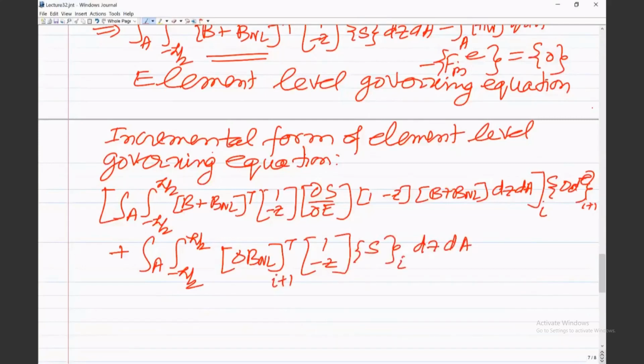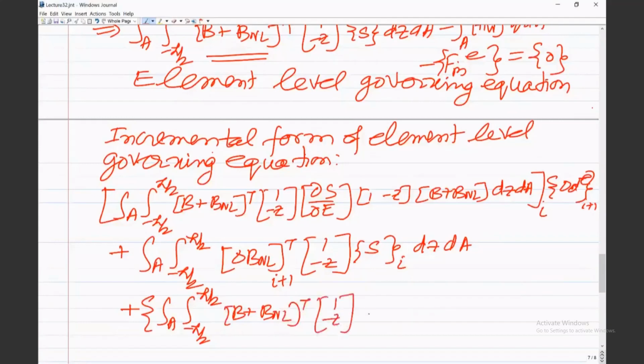So that's one term. And then of course the very first term of the Taylor series. So we will have integration over area, integration from minus h by 2 to plus h by 2. And then we have this B plus BNL transpose into 1 minus Z, and then we will have this S dz dA, whole thing evaluated at previous iteration.